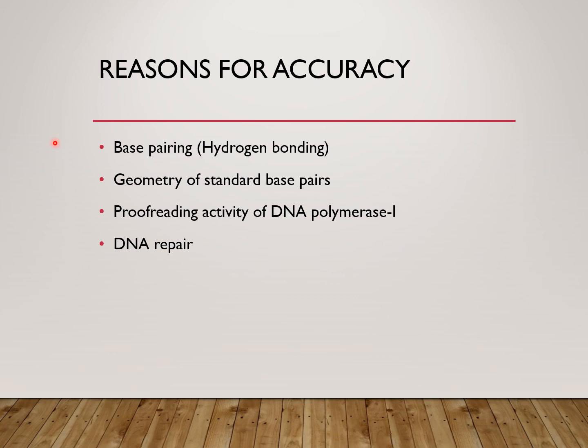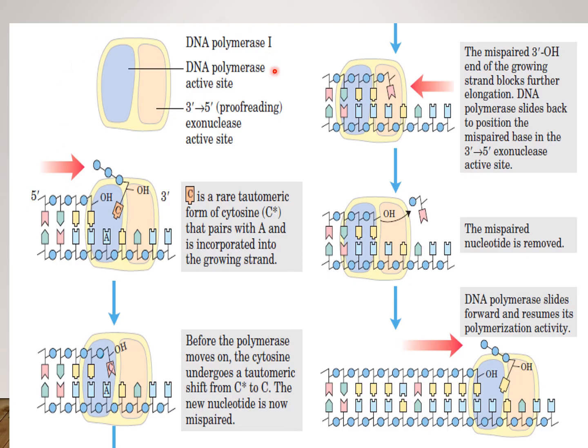Now, just for an example, I will explain how exactly the polymerase performs proofreading. If you see this, this is an example of DNA polymerase 1. The enzyme itself has two subunits.